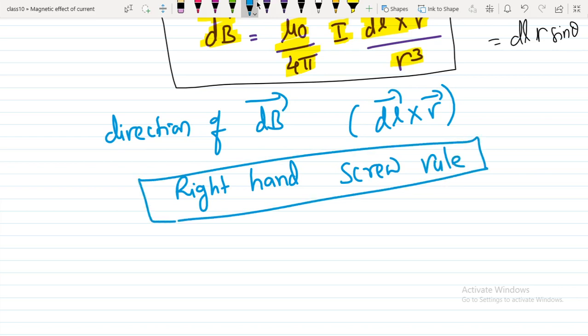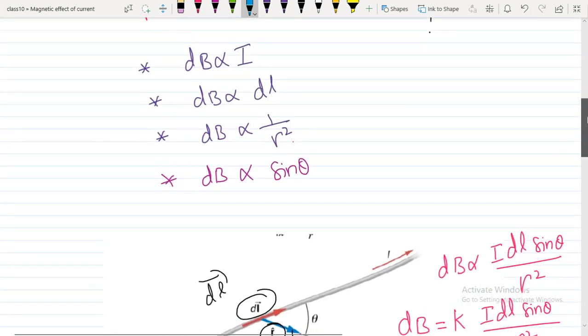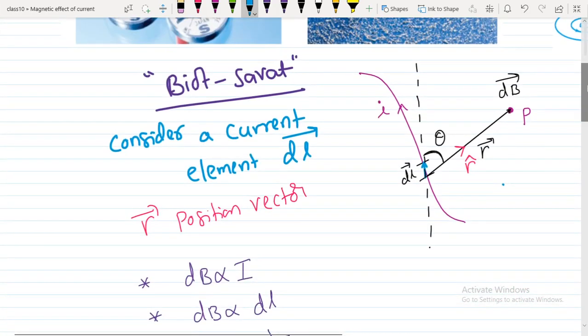We have basic knowledge about the right hand screw rule. Suppose we place a right hand screw at point P, where I would like to calculate the magnetic field, on the plane of the paper, and turn the handle from dl bar to r bar.